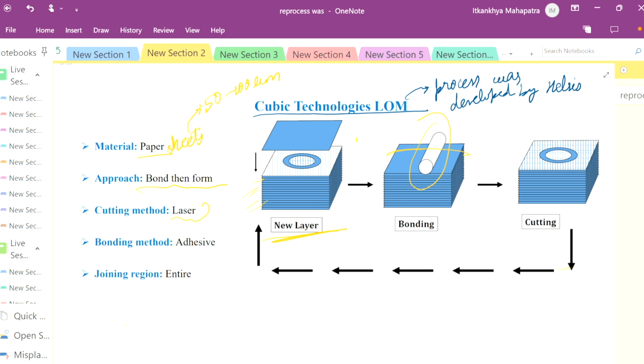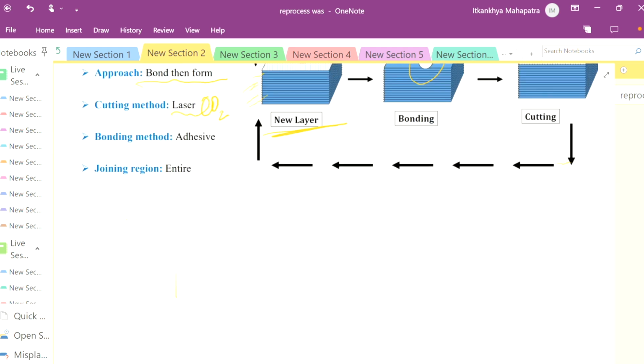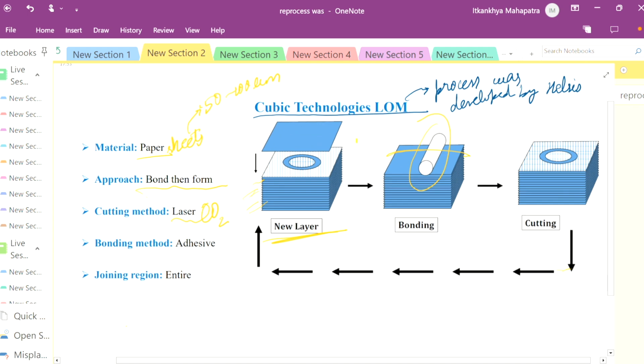This is a CO2 laser, but it is not like the laser used in the selective laser melting process. We use a laser in the range of 200 to 250 watt.